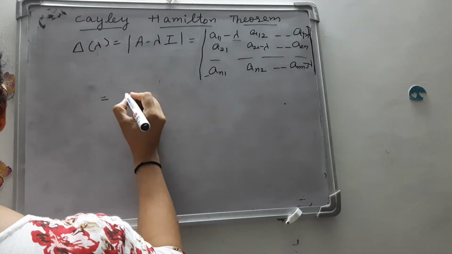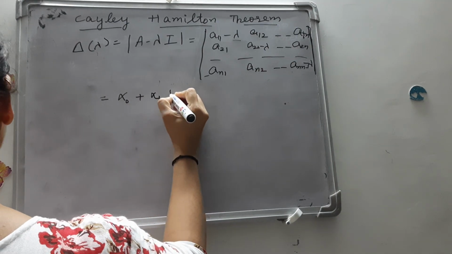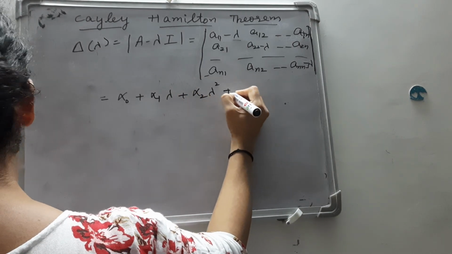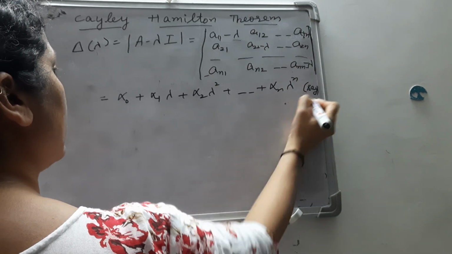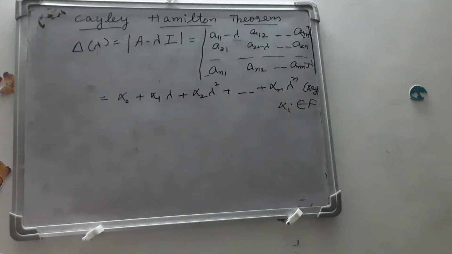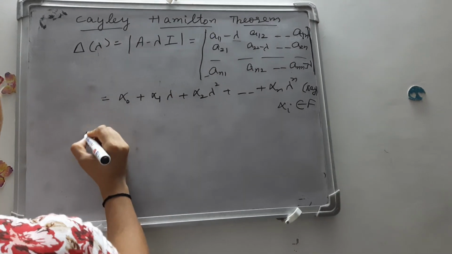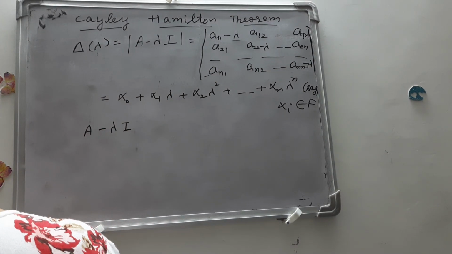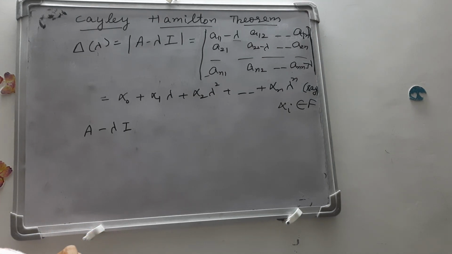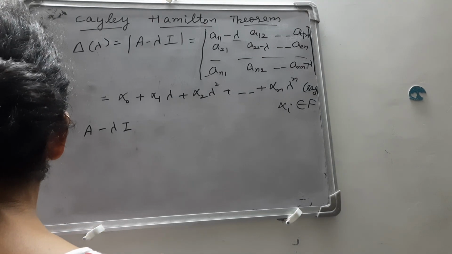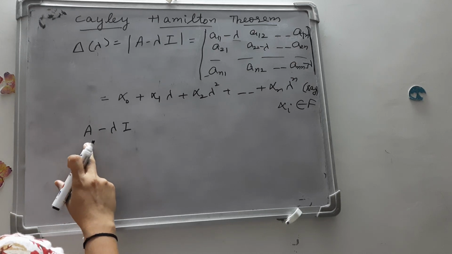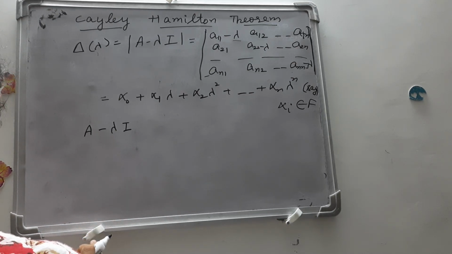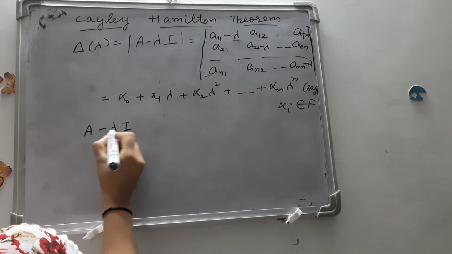So we write it as alpha naught plus alpha 1 lambda plus alpha 2 lambda square up to alpha n lambda power n, where the alpha i's are scalars belonging to F. Now the elements of the matrix A minus lambda I are polynomials of at most first degree in lambda.